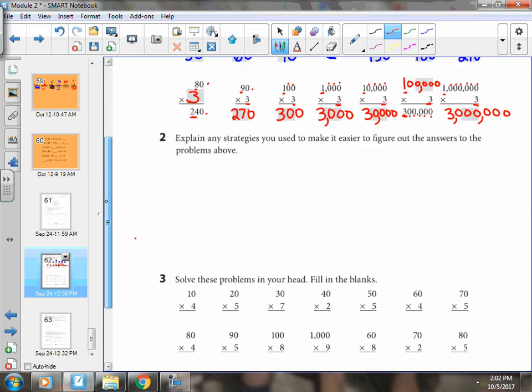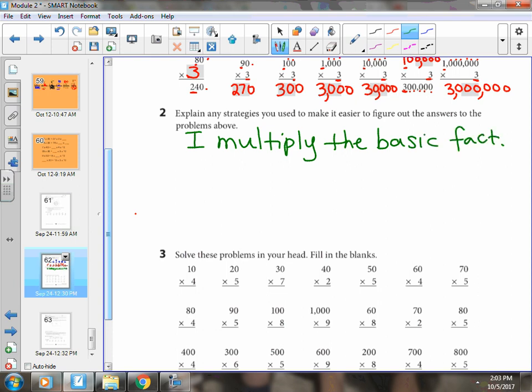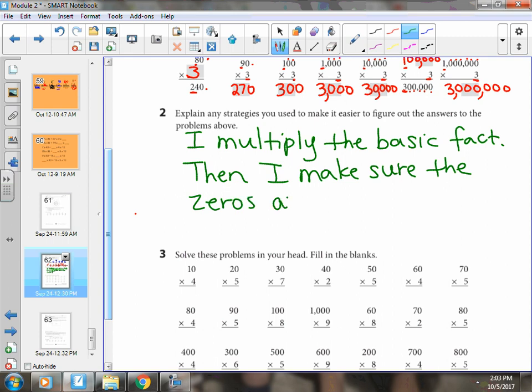Explain the strategies. So the strategy that I often use is I multiply the basic facts, then I make sure the zeros are balanced or the same in the problem and answer.